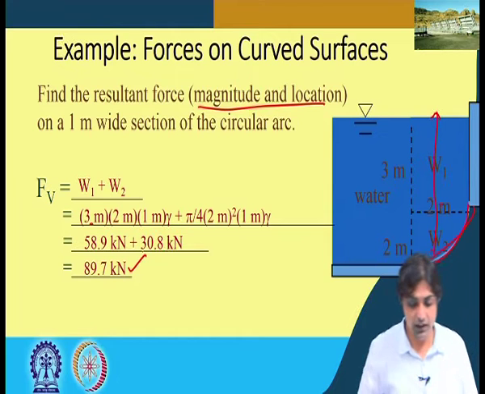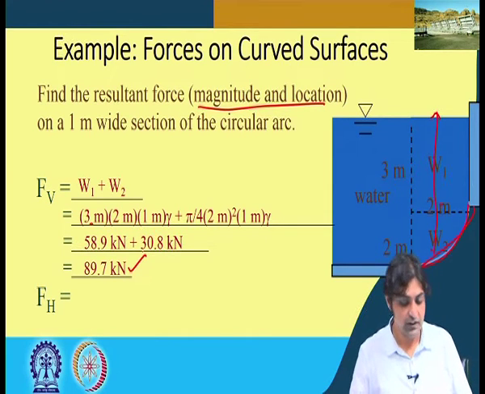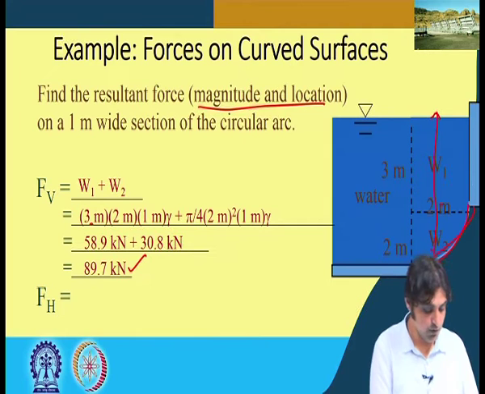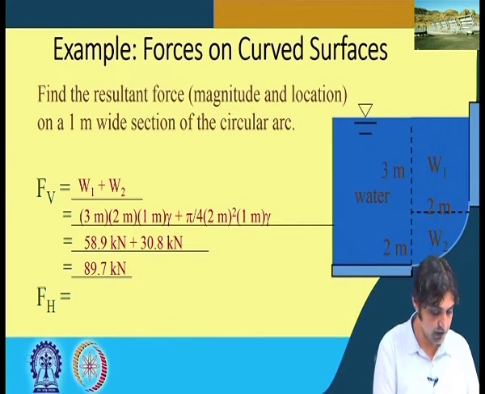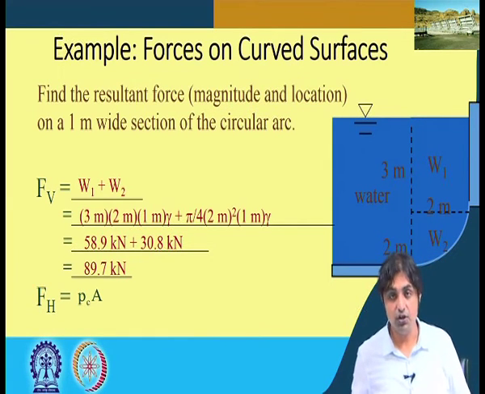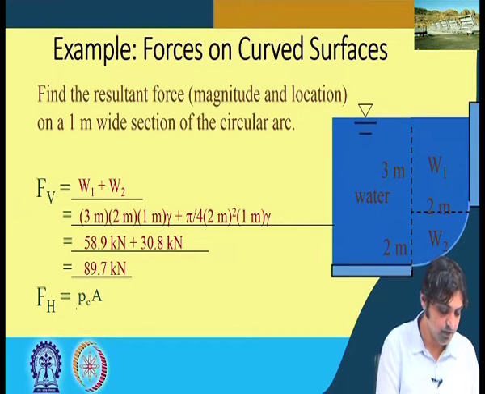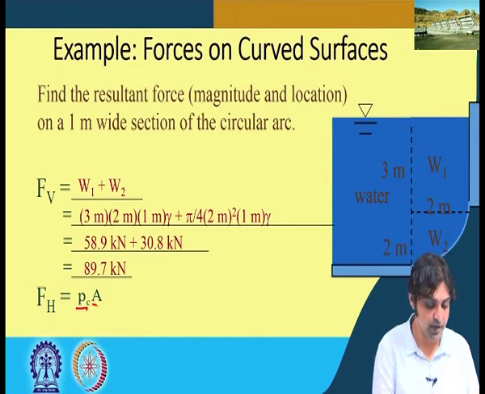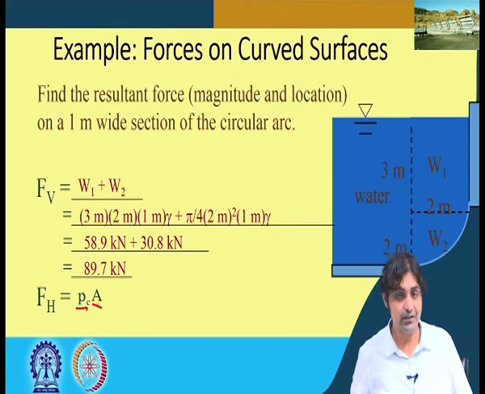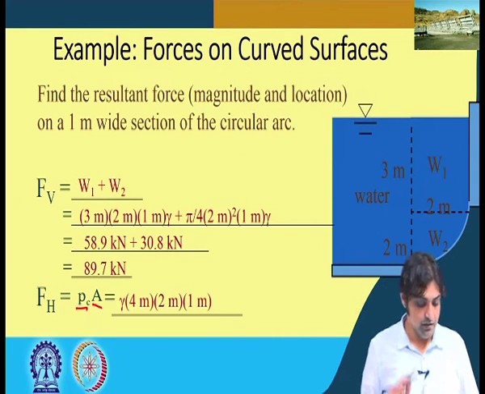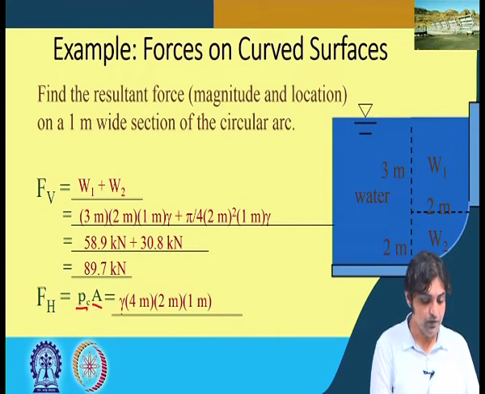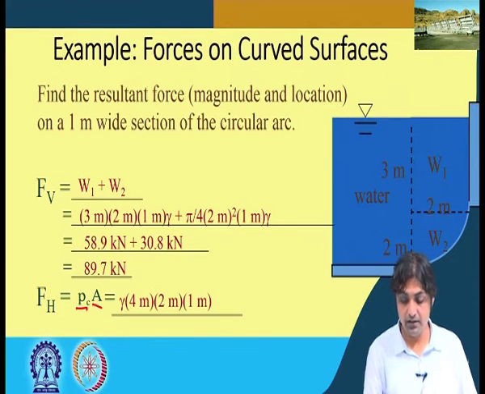Okay, very simple. Now we also need to know what the horizontal component is. So the horizontal component is the pressure at the centroid multiplied by area, but what area is that? So area is 2 into 1.